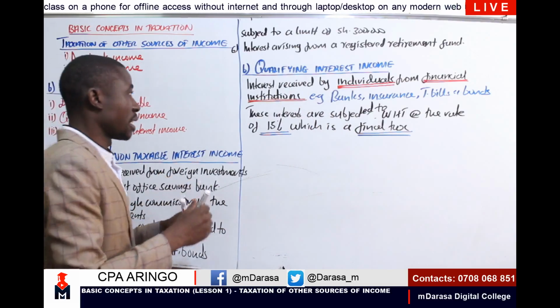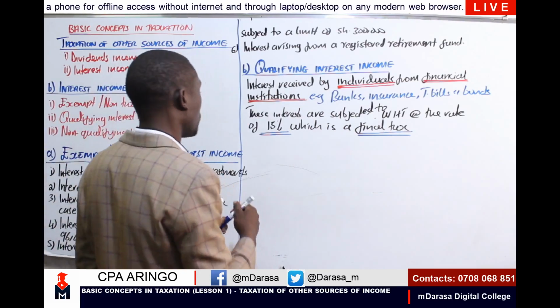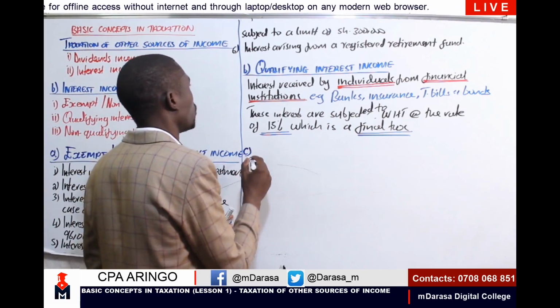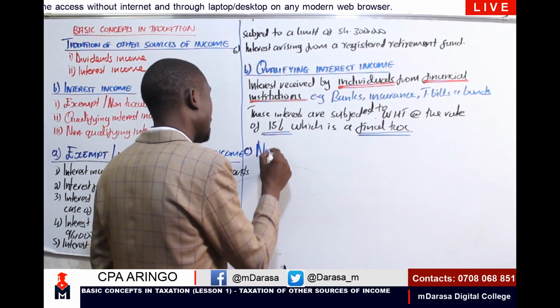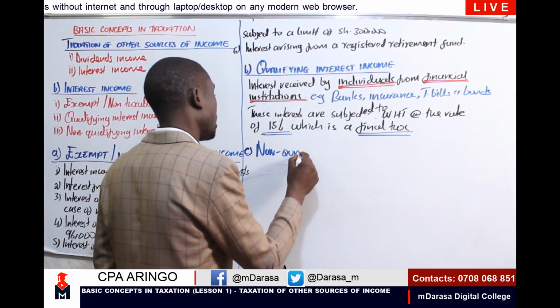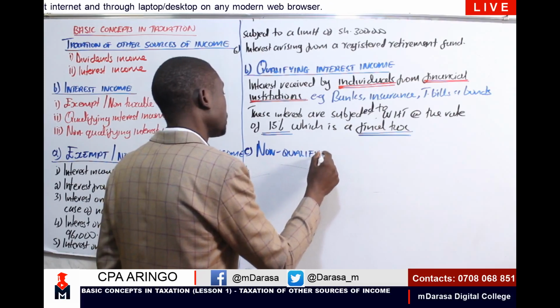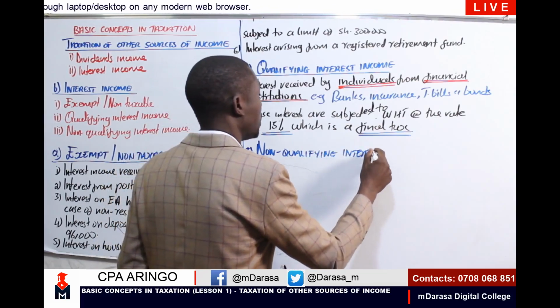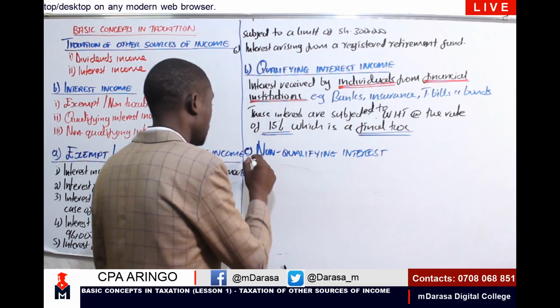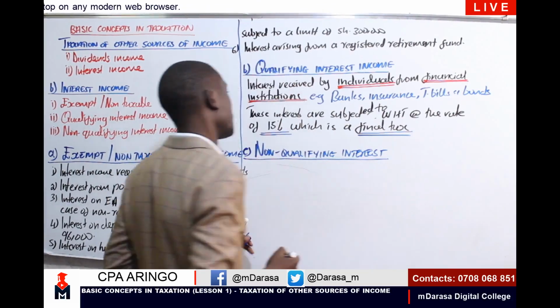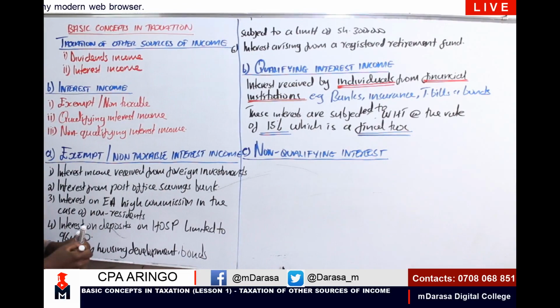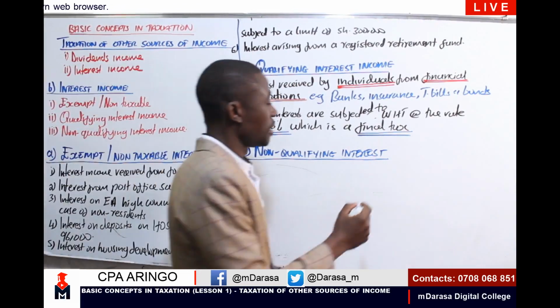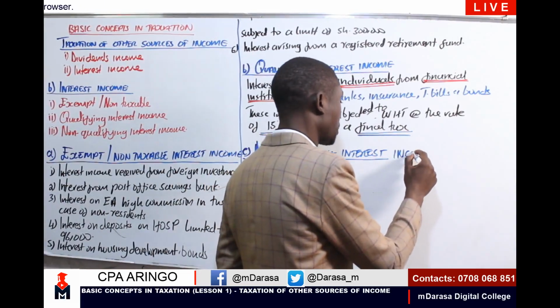Once you are done with that, my good students, you can look at the final component here, which we normally term non-qualifying interest income.